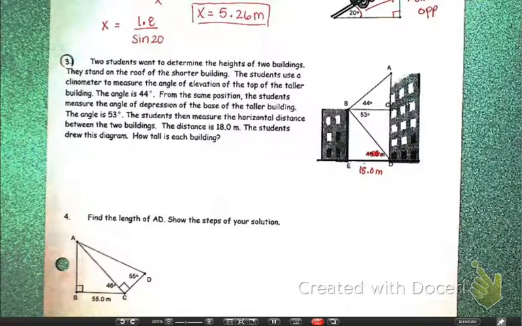Now, before we solve this problem, I want you to flip your paper over and I want to talk about angle of elevation and angle of depression real quick, just so we can see what it means. So draw a right triangle.